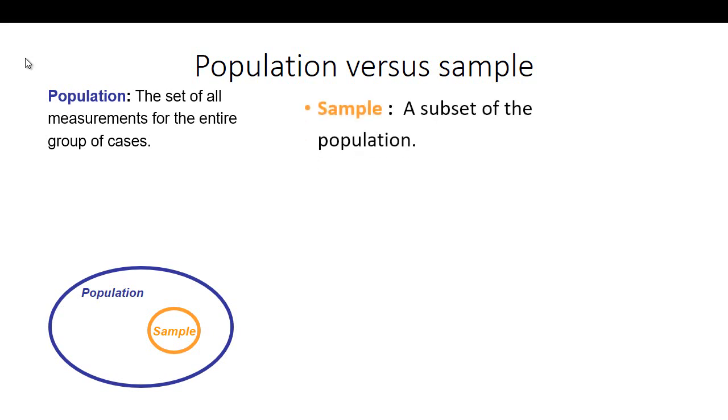What is a sample? A sample is basically a subset of the population. So maybe in order to estimate what proportion or percentage of voters favor President Trump, we pick a sample of voters, let's say a sample of 2,500 voters, and then ask them who they favor.